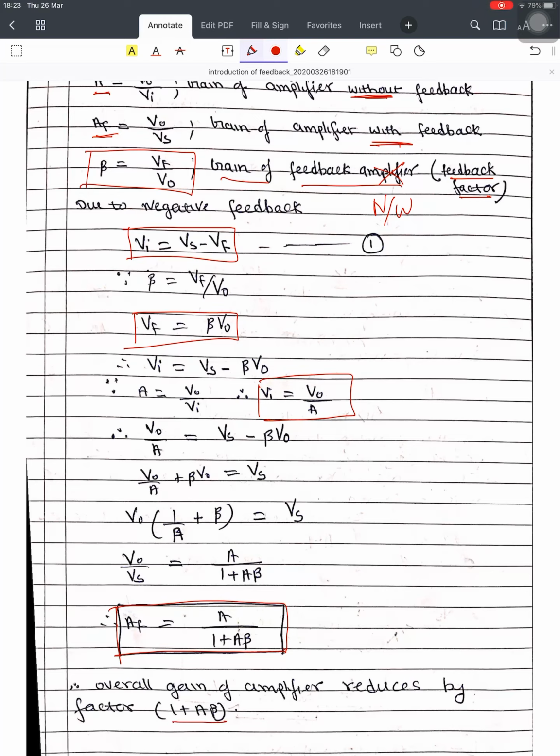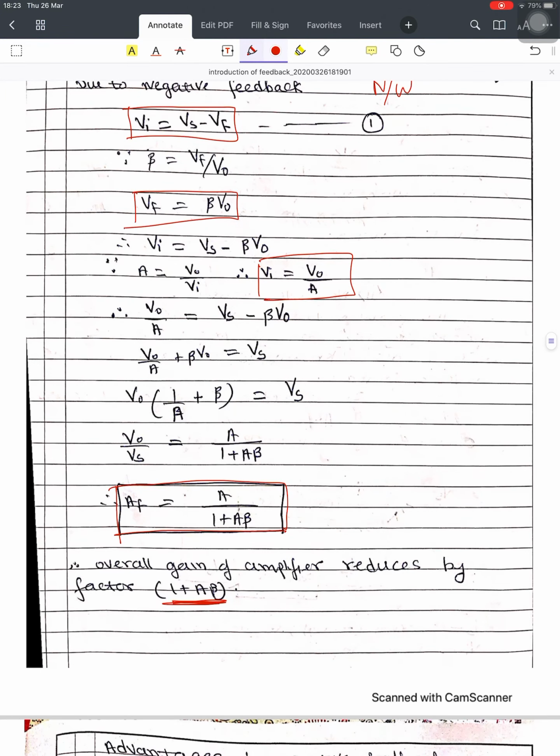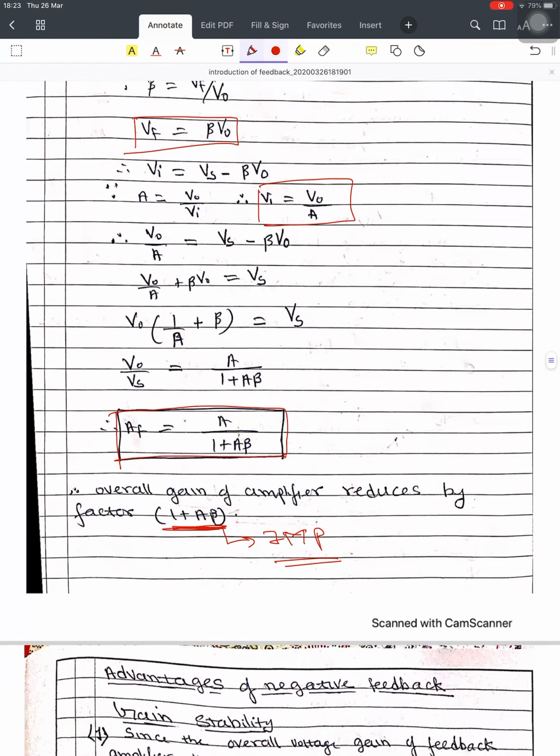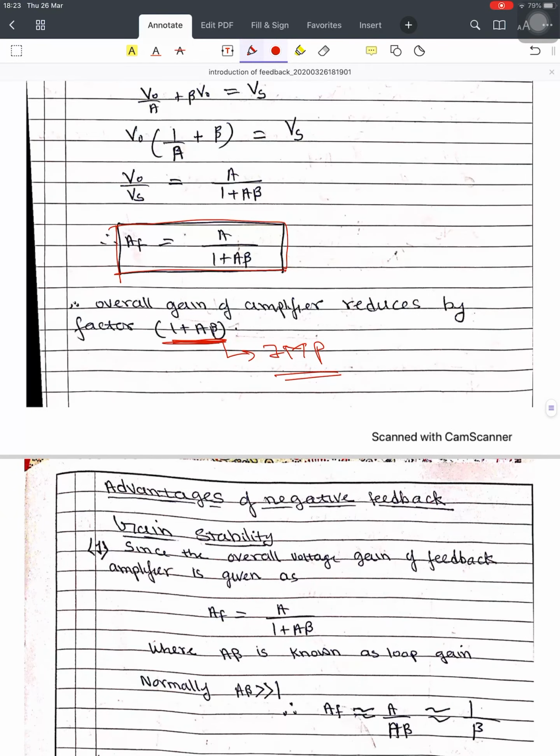So I can say gain has decreased by this factor, 1 plus A beta. Remember this factor. This factor is very important in negative feedback analysis.